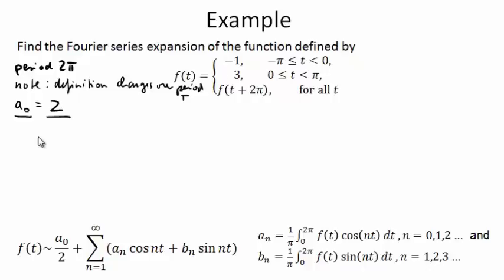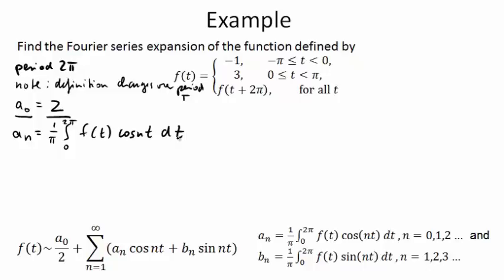Now let's look at an. An, down there, for n not equal to 0, is 1 over pi, integral from 0 to 2 pi, f of t cos nt dt.